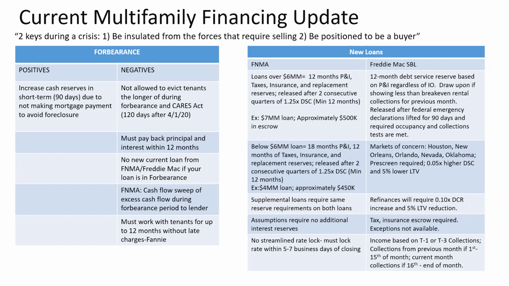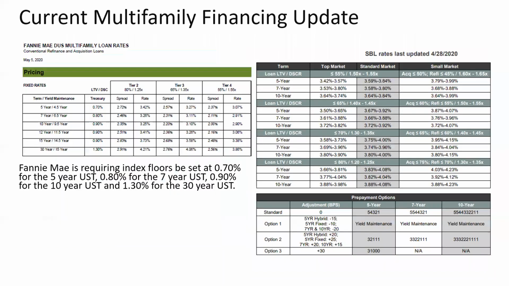Freddie might be doing small loans in very small markets; I'm not doing any very small markets. And Freddie has essentially gone back to these servicers and said, look, if any of the deals you originate go bad in the next 18 months, you have to buy them back from us. They put in this change just in the last month, and that's caused a lot of hesitancy for Freddie Mac small balance servicers.